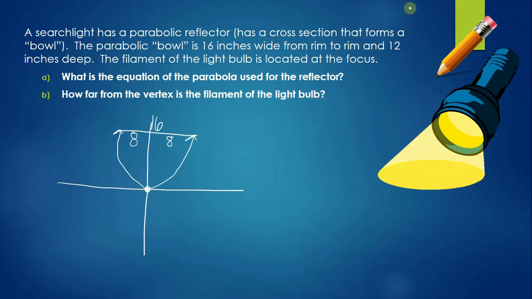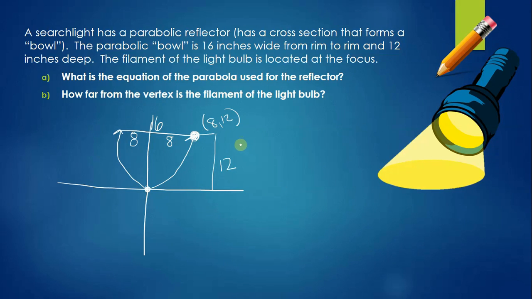And then it says 12 inches deep, so from the end of the flashlight to where it meets the handle would be 12 inches right there. So if I consider this a graph, this point right here would be 8 comma 12, because it's 8 over and 12 up.